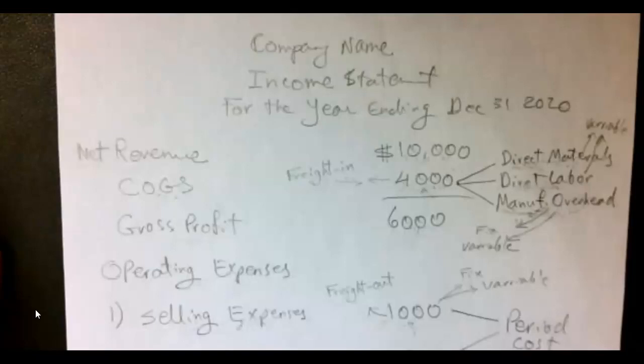Okay, so for a manufacturing company, the $4,000 cost of goods sold is coming from direct materials, the material that you use in your manufacturing, and the direct labor, the labor that directly touches those direct materials to create that final product. So that's the direct labor.